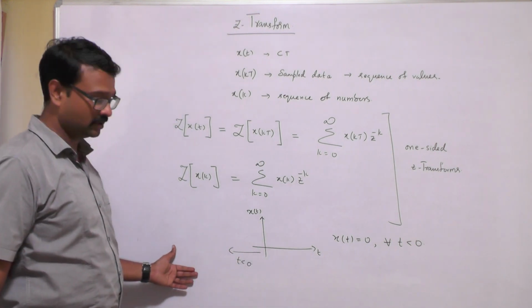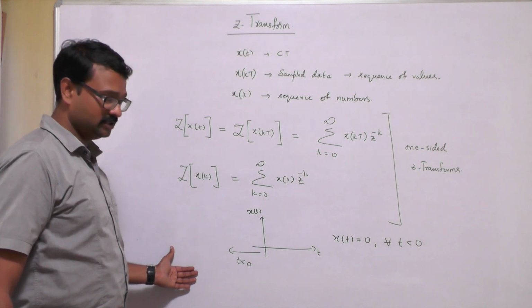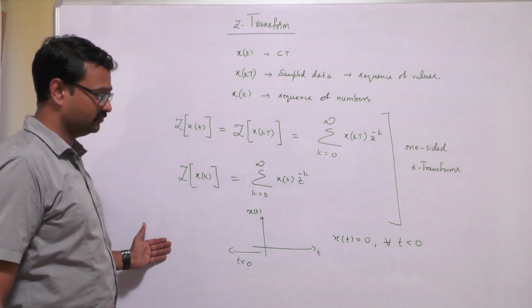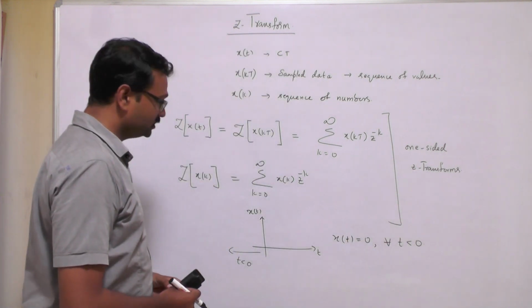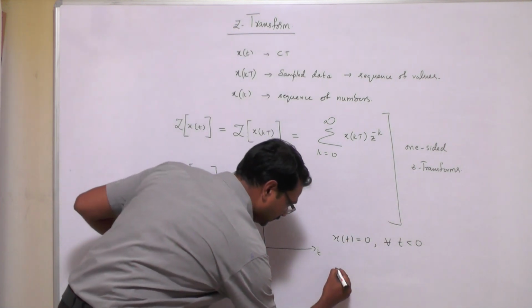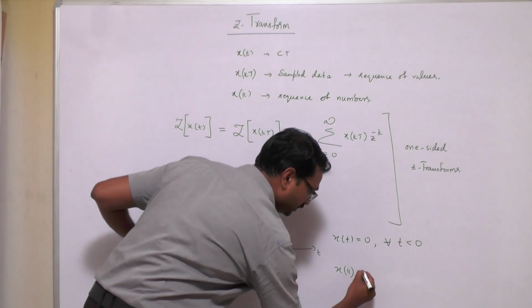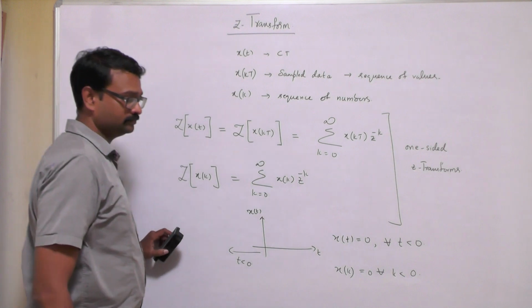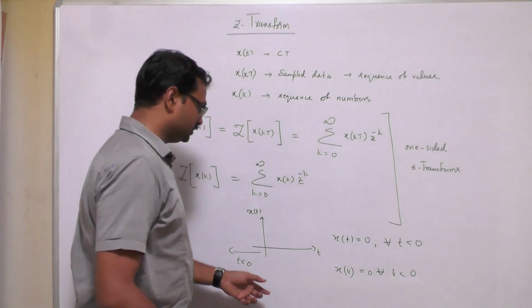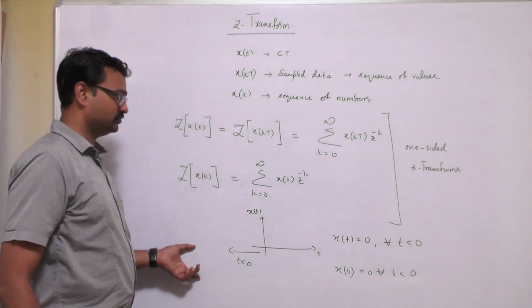Below time t equal to 0, the values of x of t do not exist. That is why it is called a one-sided Z transform. Similarly, x of k is equal to 0 for all k less than 0.